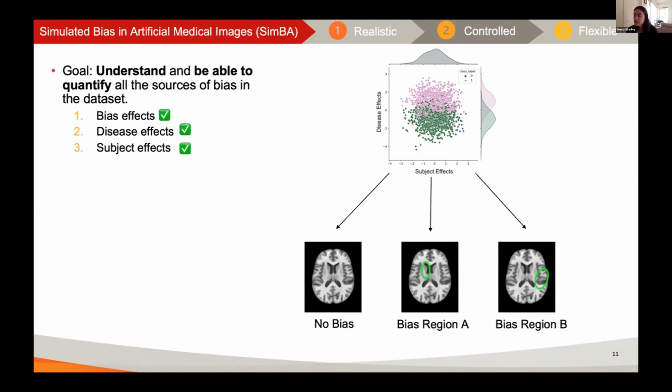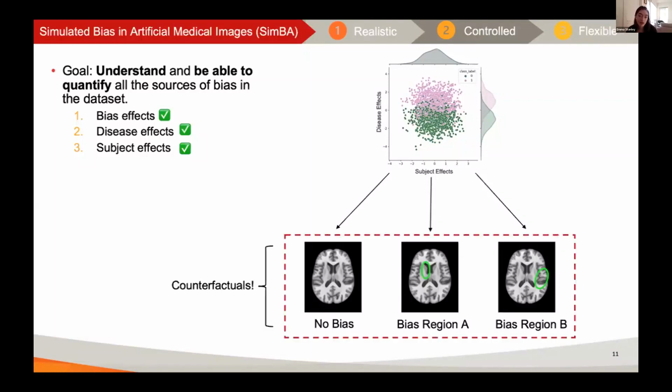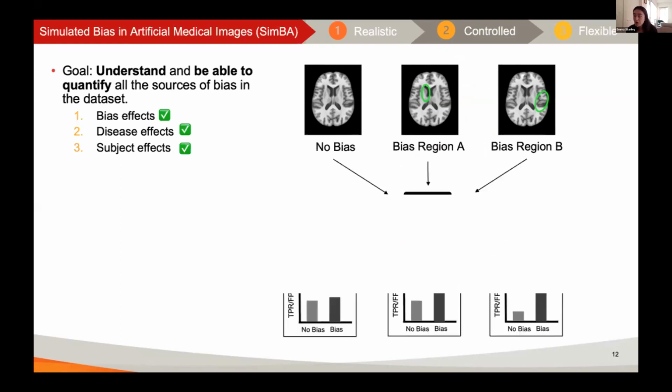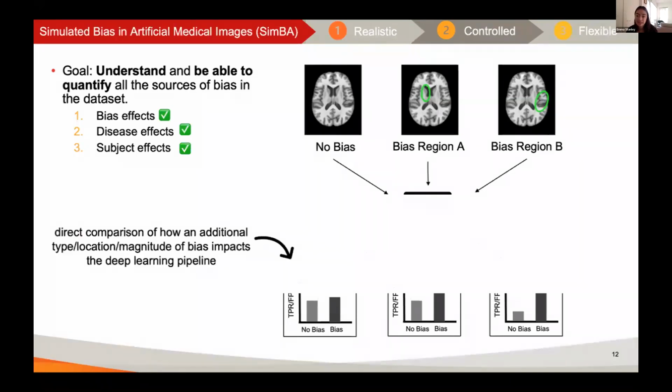And because the data set for each of these bias scenarios has the same simulated subjects, these are essentially counterfactuals of each other. So when we put these counterfactual data sets with the same training and test splits and identical weight initialization and deterministic training through a model, we are performing what can essentially be seen as like in silico trials of the direct impact that that bias effect that we added has on the performance or other outcome measures of the model.